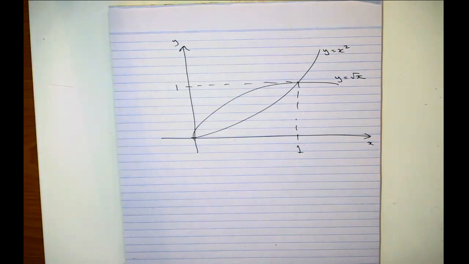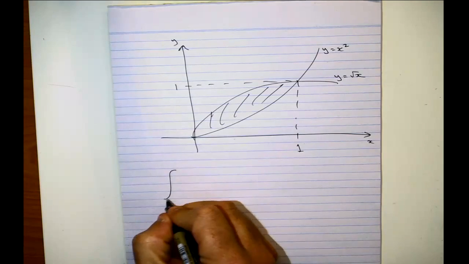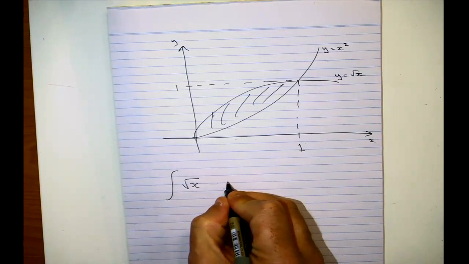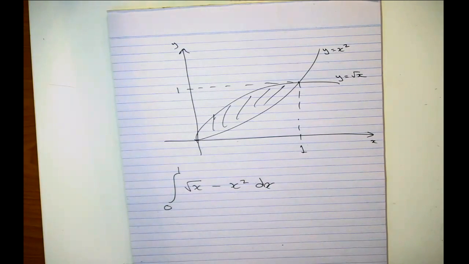Now, the way you would normally do it with functions of a single variable, if you're looking for this area, you could do it as the integral of the difference, like so, and then do it.